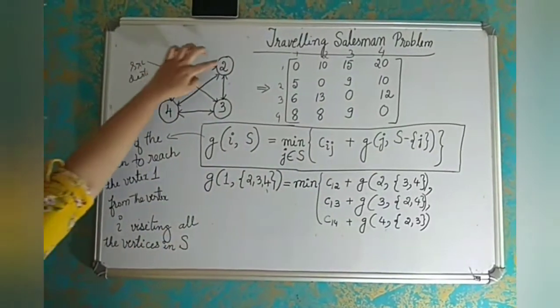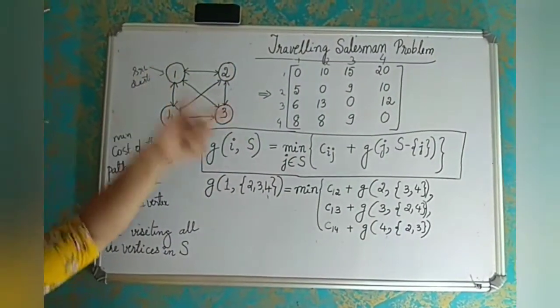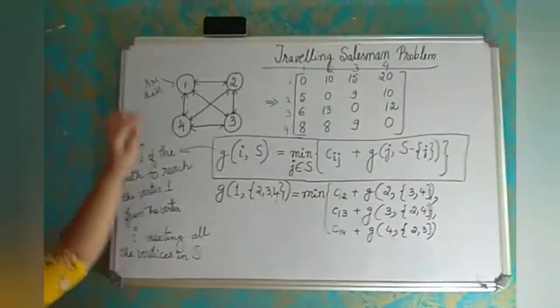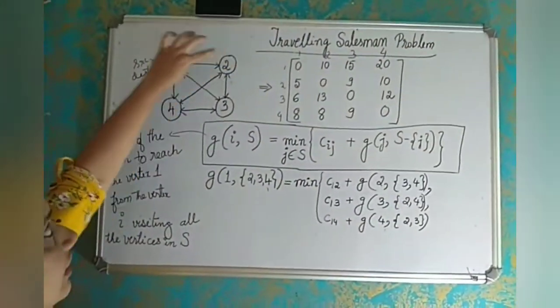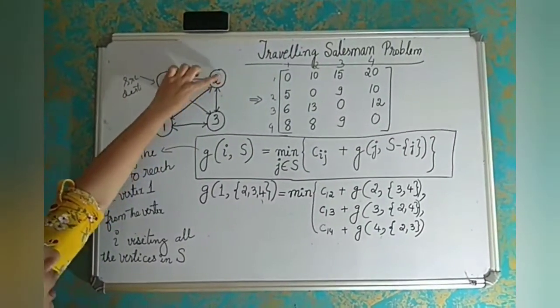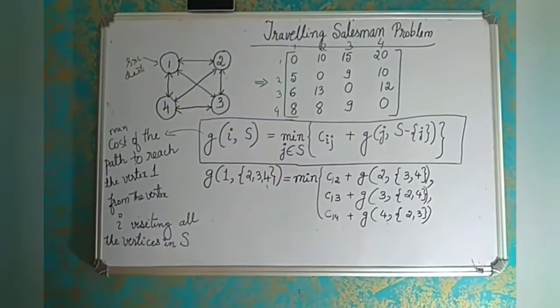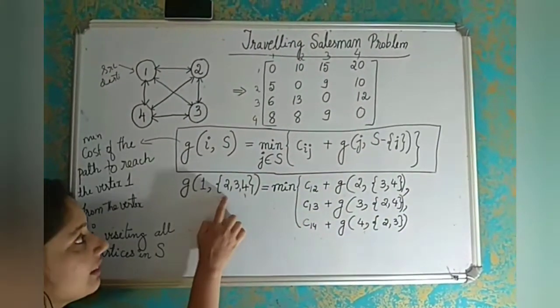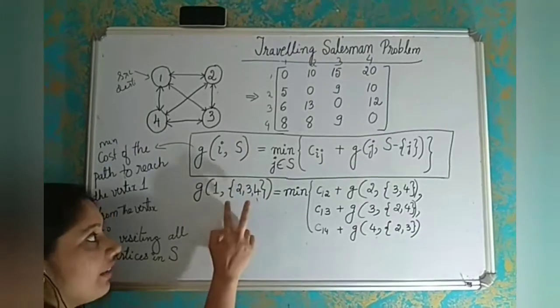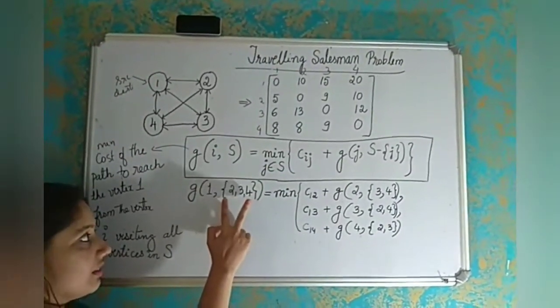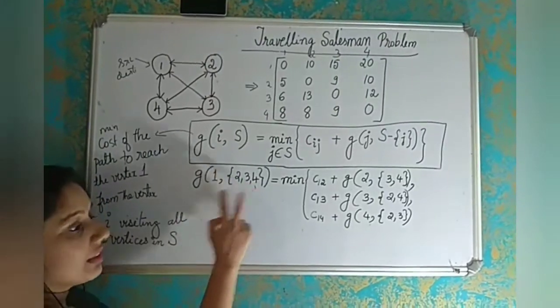If you consider vertex 2, you know the cost of reaching the destination 1 from vertex 2 without visiting any of the vertices. Without visiting any of the vertices means you don't have any vertex inside the set, so you will have the null set.